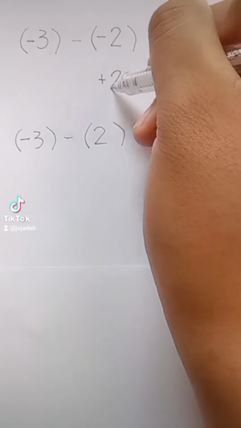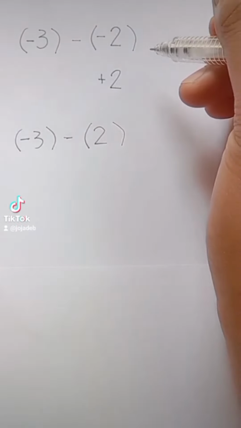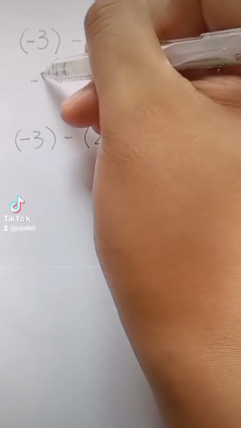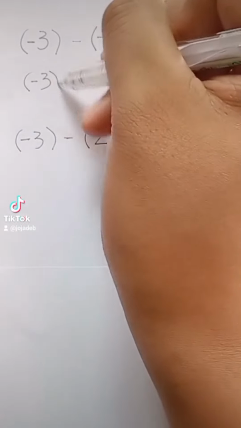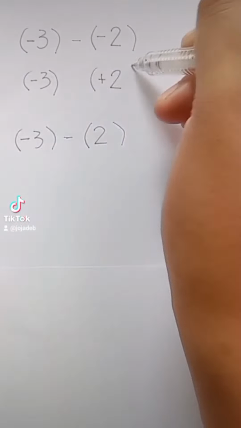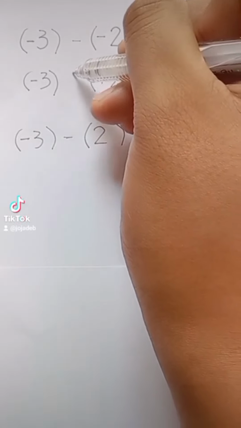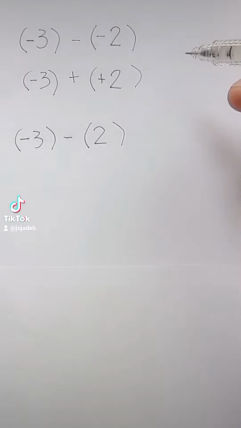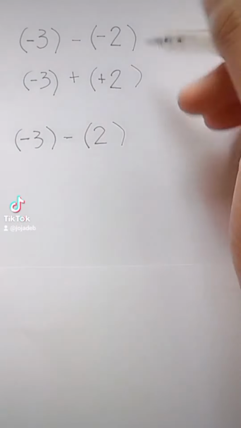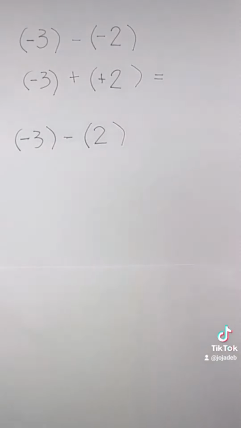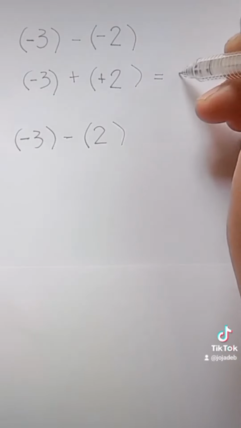So negative 2 will now become positive 2. And then we copy the minuend, which is negative 3, and then proceed to the addition rule of integers. By the addition rule of integers, this will give us negative 1.